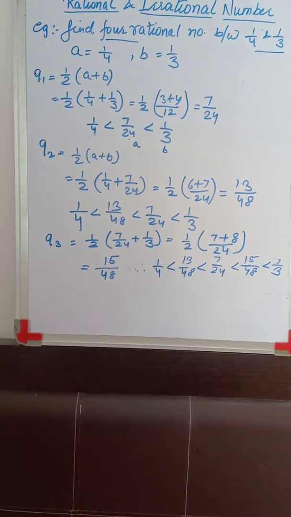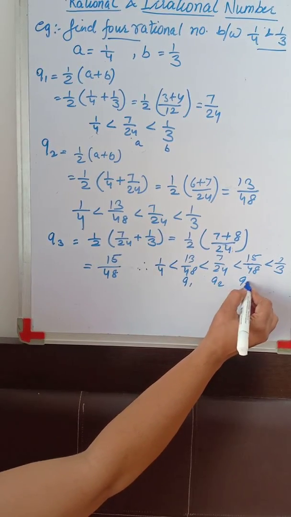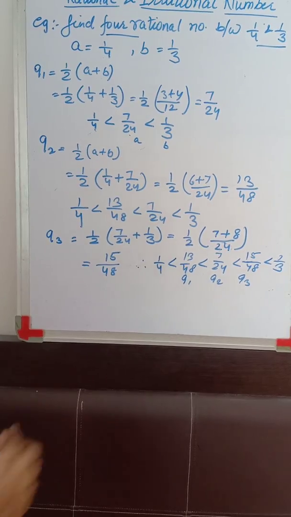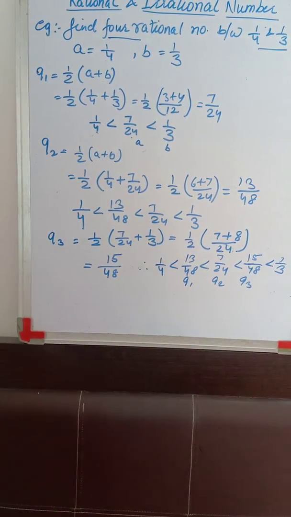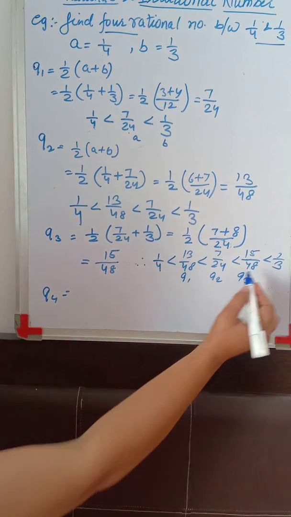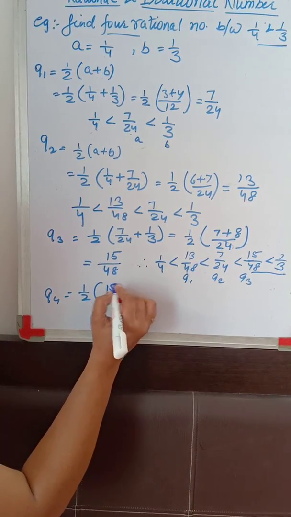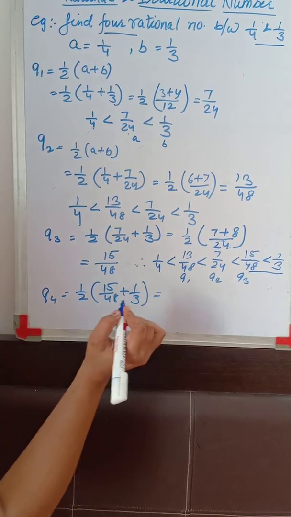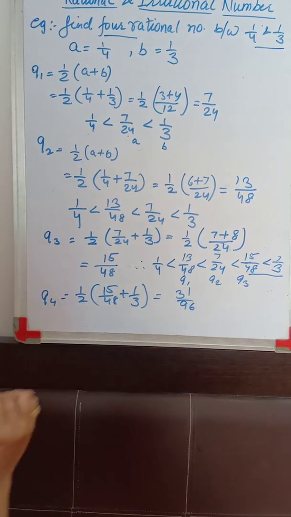So how many numbers have we calculated? Q1, Q2 and Q3. Now I want to calculate the fourth one. I can take any one of the pairs. So for Q4 I am taking this: half of 15 upon 48 plus 1 upon 3. When you solve this one, you will get the answer 31 upon 96.